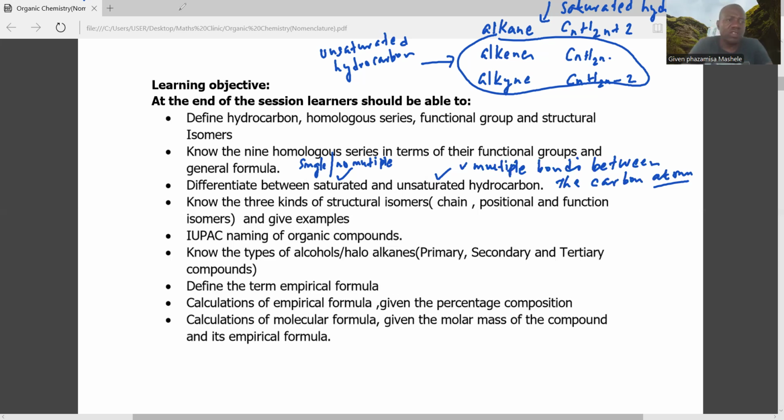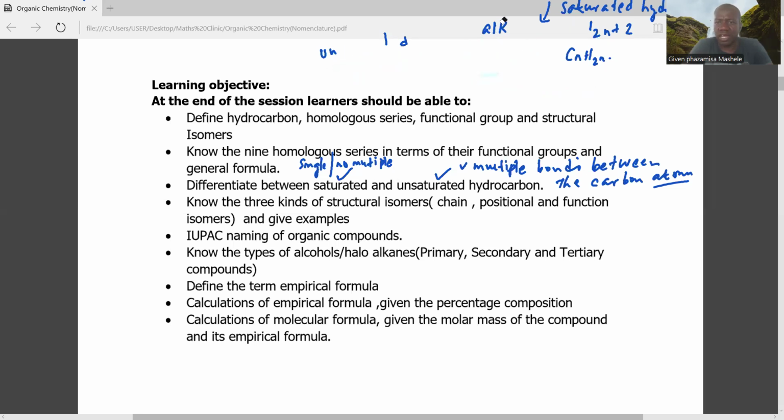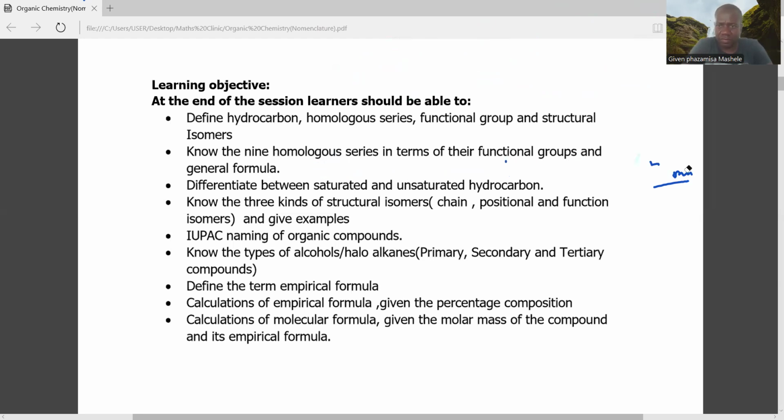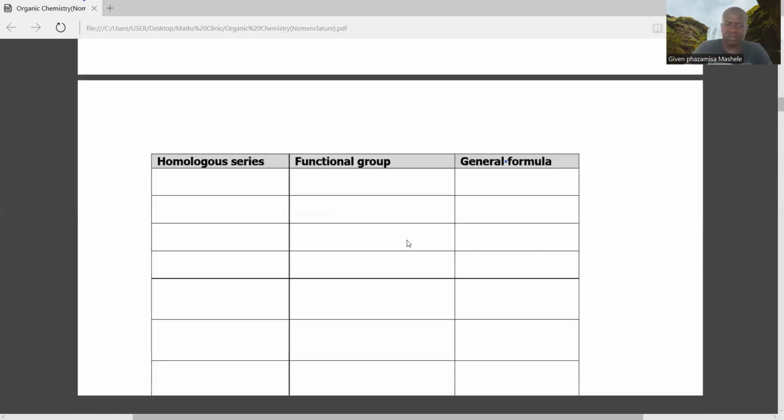Right. Again, you need to be able to know the different kinds of structural isomers. This one I want to go deep because I want everyone to actually understand this. All right. What do you mean by a structural isomer? I think I've already spoken about that.